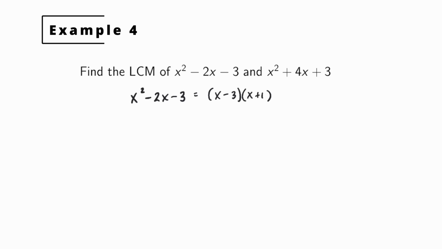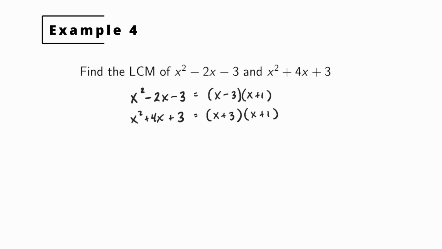Okay. Then for x squared plus 4x plus 3, we're looking for two numbers that multiply together to give positive 3 and add together to give positive 4. That, of course, is 3 and 1. And again, our least common multiple will consist of all of the unique prime factors that we have here.